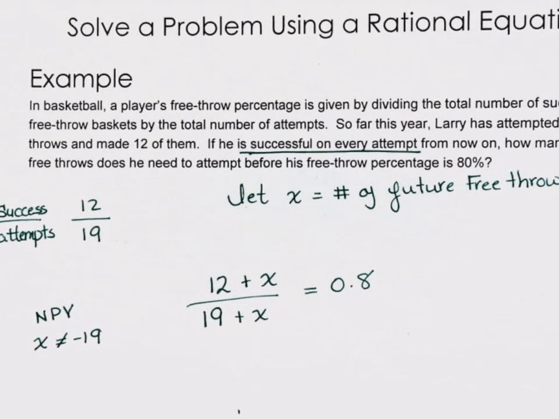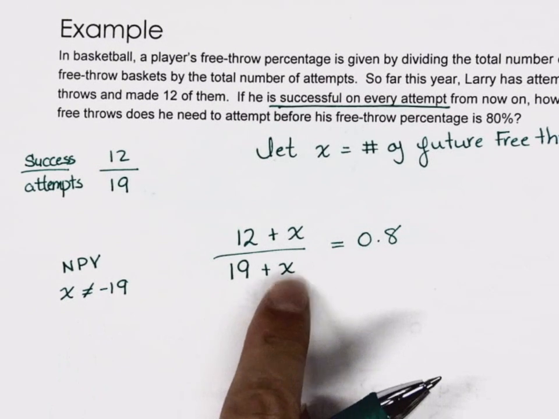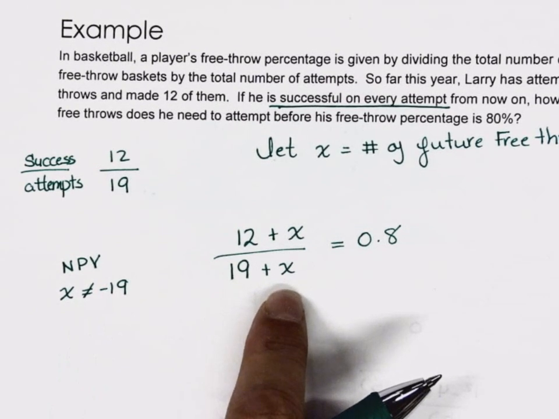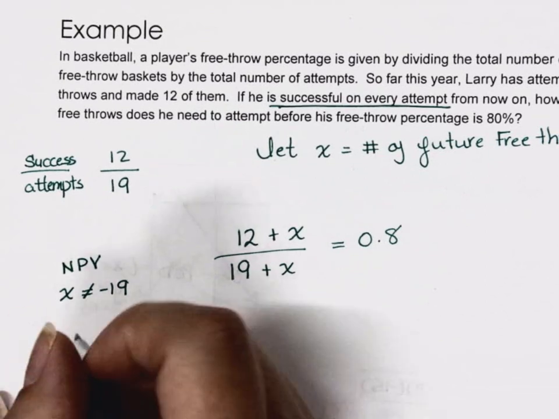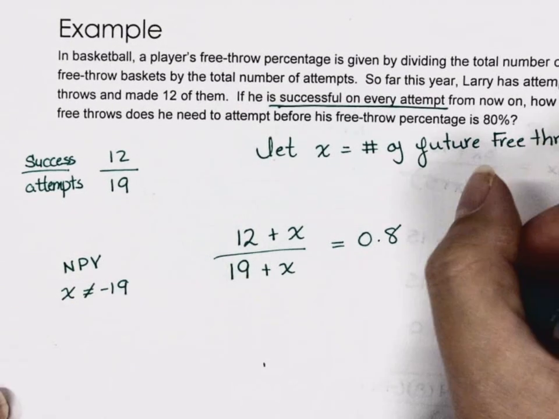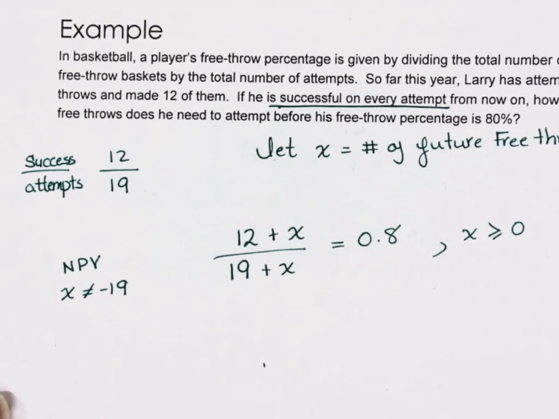Because we're like, but we can't have a future free throw of negative 19. And you're absolutely correct. But in this case, we can't have our denominator equal to 0 either. You could put a restriction on this where x has to be greater or equal to 0.